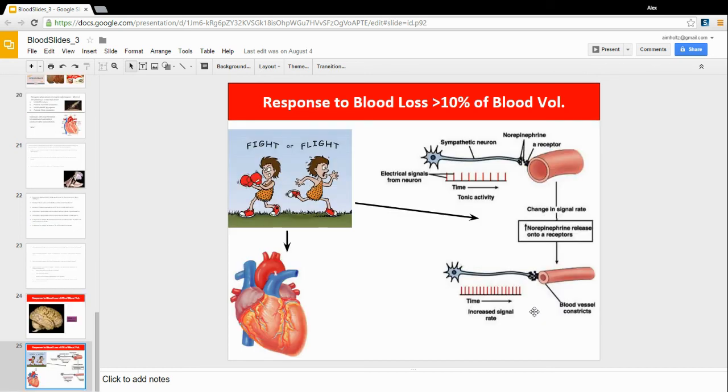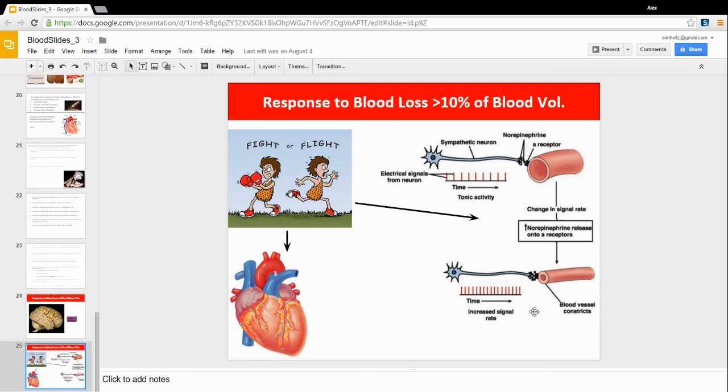Well, we turn on the fight or flight branch of our autonomic nervous system, the sympathetic branch. Two big things are going to happen here. The sympathetic nervous system is going to cause the release of norepinephrine onto the heart, so the heart is going to beat more rapidly and more forcefully. That's going to raise blood pressure.